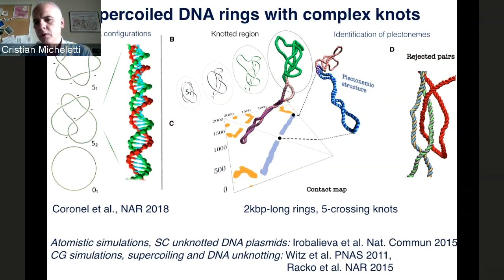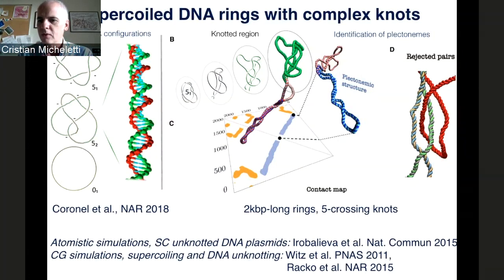Pentafoil knots are not unusual. We wanted to understand the physical behavior of these knotted molecules, and whether it was revealing of any features that might be exploited by topoisomerase enzymes in order to disentangle these structures.